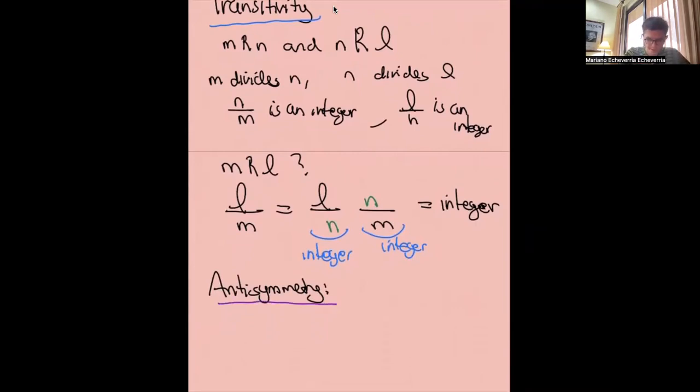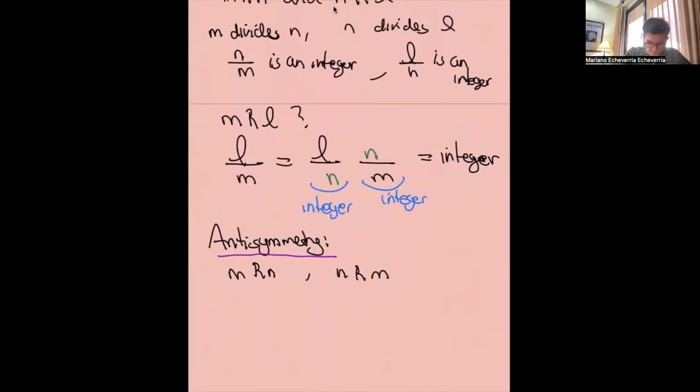And then for the antisymmetry, right? If m is related to n and n is related to m, this one tells you that m divides n, and this one tells you that n divides m. I don't know if it's clear, right?